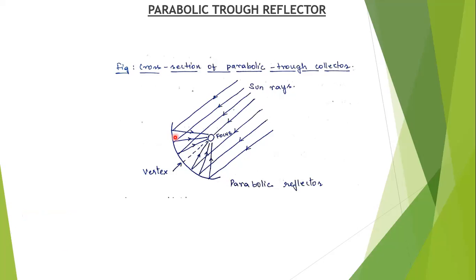So this is the parabola, this is the vertex, this is the focus point. All the sun radiations are made to fall on the parabola and they are reflected back to a point, that is called the focus, and to that focus a line, a pipe is connected.